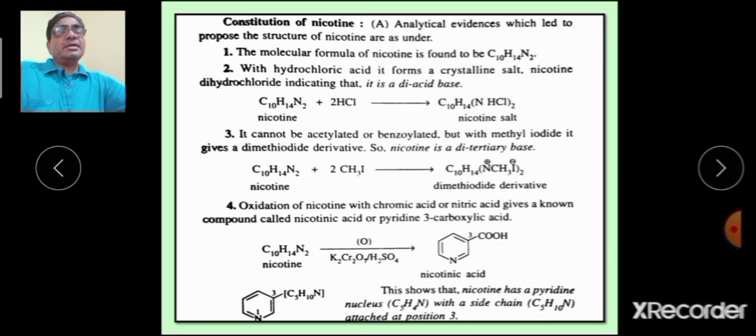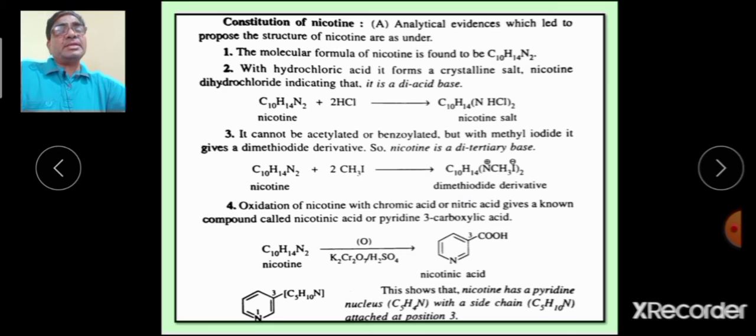This is the reaction: 2 molecules of methyl iodide for 2 nitrogen atoms, each for 1, giving a methyl derivative indicating tertiary in nature. This is important.